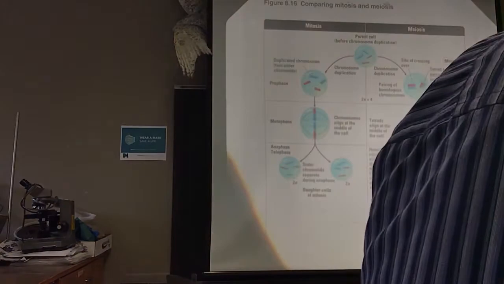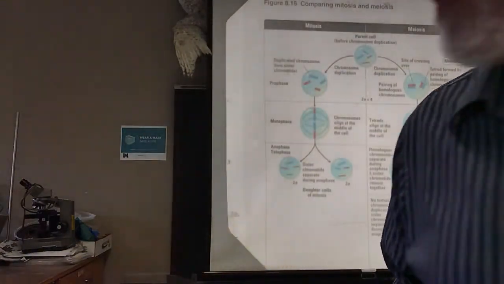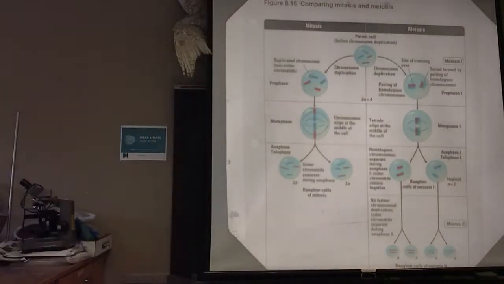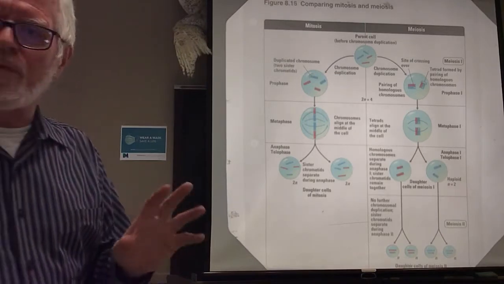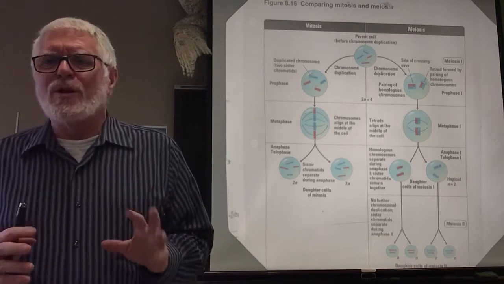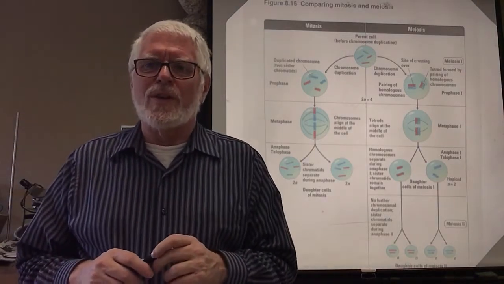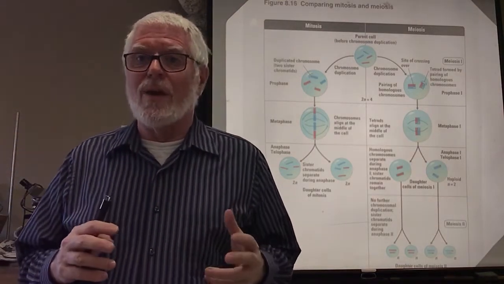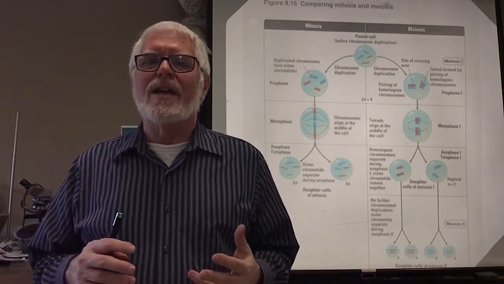So what we have here are the differences. Parent cell. I'll walk you through this slower, but I'm going to go fast on this first one. Evolution tends to be pretty conservative, especially in really important areas like reproduction.